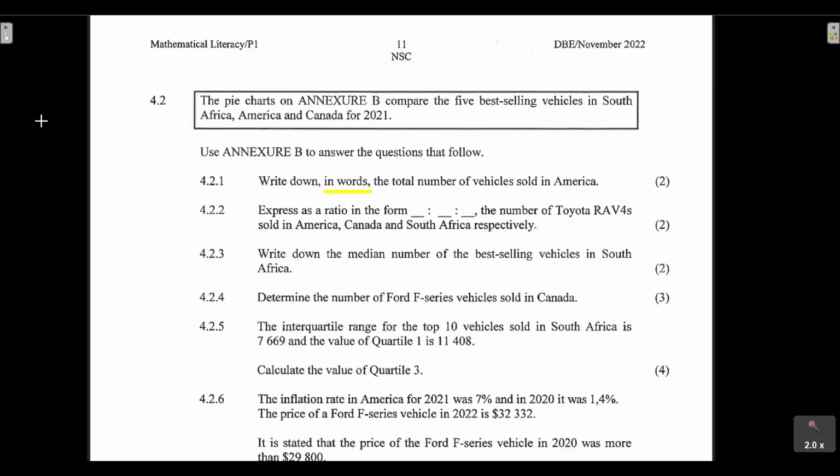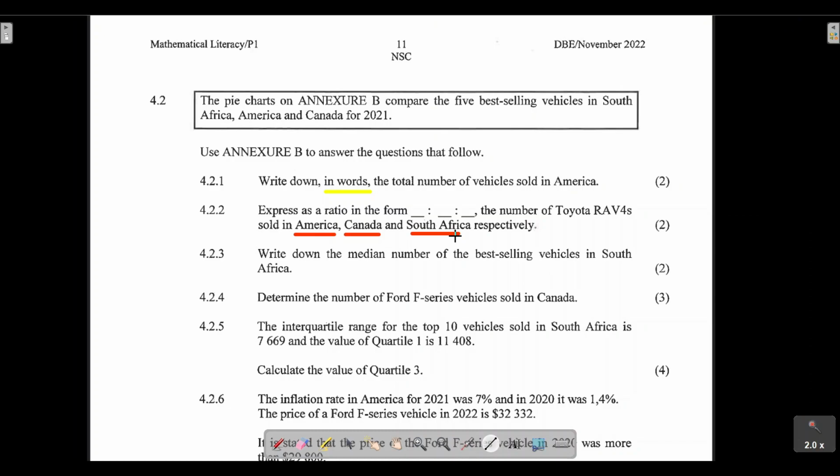Here's that word, respectively. They are telling you that it needs to be in that exact order. So you need to express the number of Toyota RAV4s sold in America, then Canada, then South Africa, as a ratio.